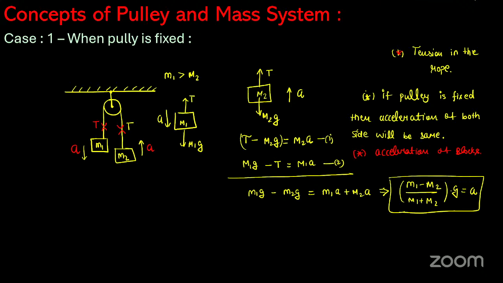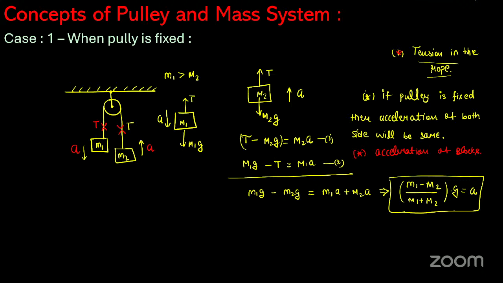Okay? So this is how we will use this approach to write down the equations. First of all, we have to identify the tension on both sides of the rope. Is it the same or not? When will it be the same? Until and unless the string is the same. If the same string is connected over the different blocks, in that case the tension will remain the same. If the string changes, the tension will change.